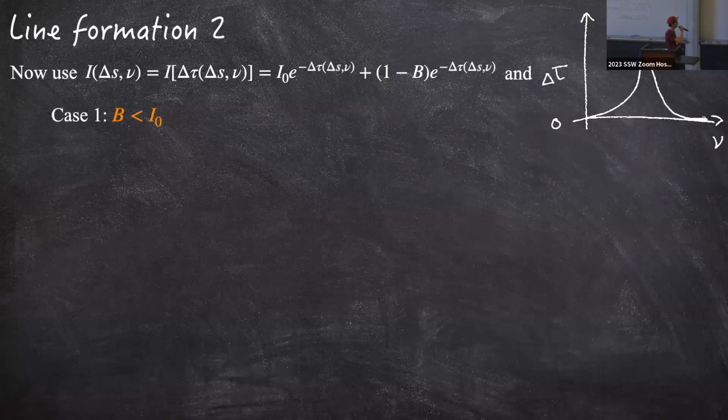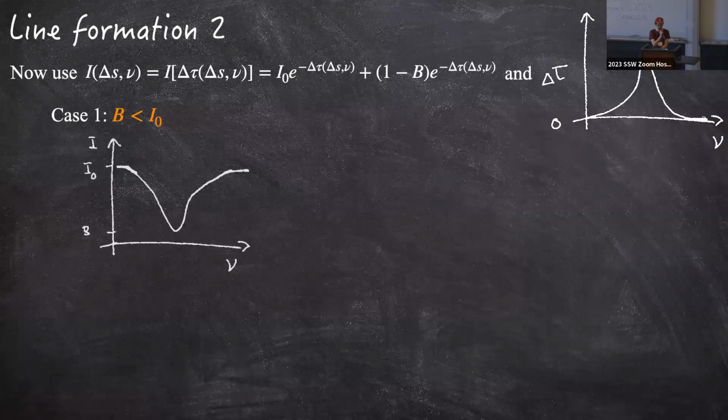So we can have two cases for light going through this box that we just discussed. If the source function in the box is equal to B, and that's smaller than the incoming intensity, I0, what will happen is that in the line wings, there's 0 opacity, delta tau is 0. So the intensity will not change, it will just be I0.